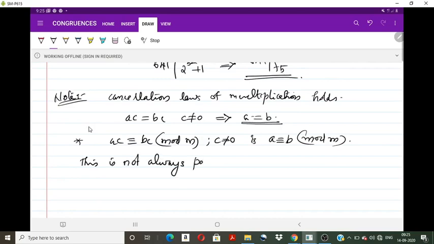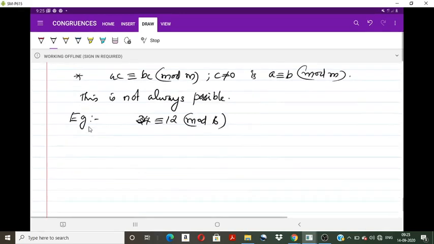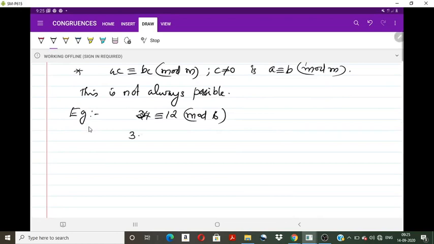It is not always possible to cancel the common factor in congruences, because we have one example. Consider the congruence 24 is congruent to 12 modulo 6. Therefore, we can write 24 as 3 into 8 is congruent to 3 into 4 modulo 6.